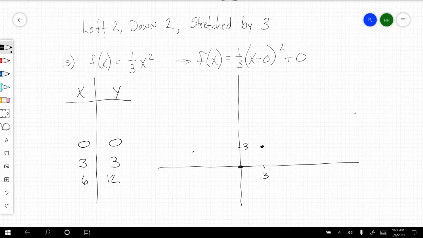So (6, 12) is another point. And then you can reflect those points. So there's your graph of f of x equals 1/3 x squared. Wider than the parent graph. Vertex is at (0, 0). If you need other points on the graph, that's how you're going to find them.